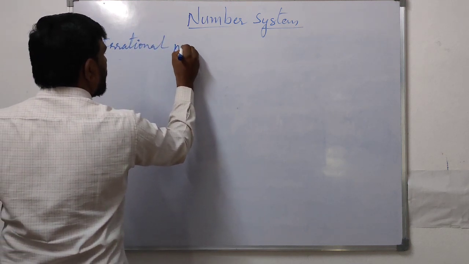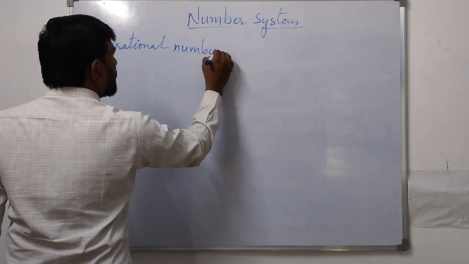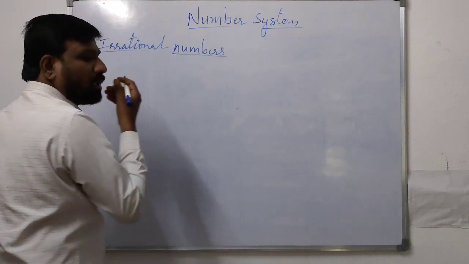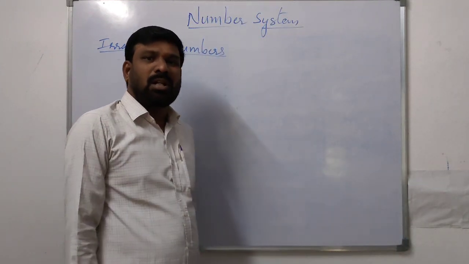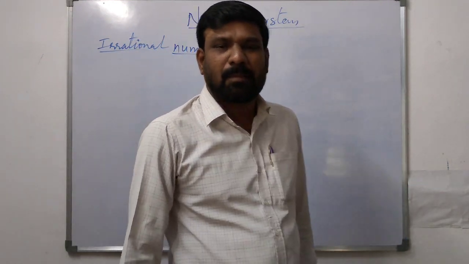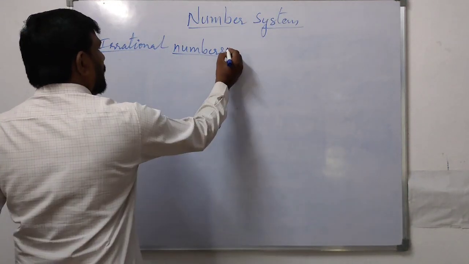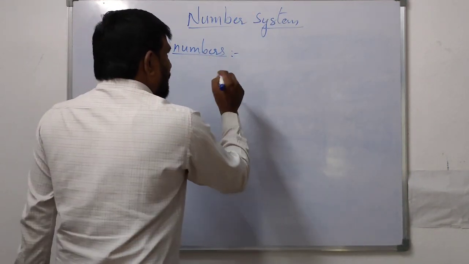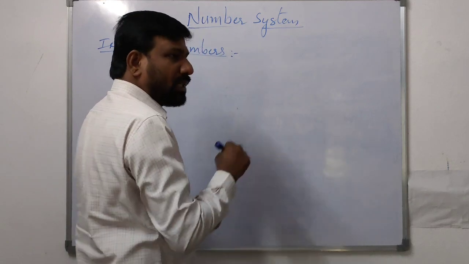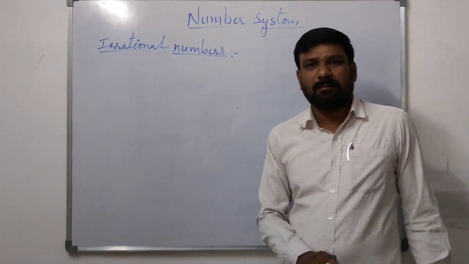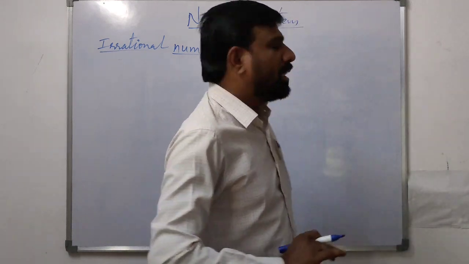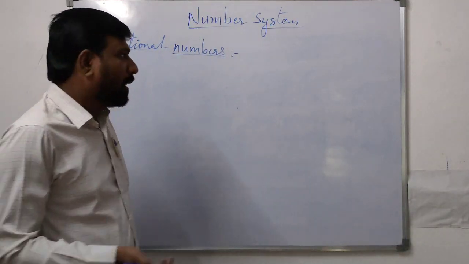Irrational numbers are simply, as we have already seen with respect to non-terminating repeating decimals, right? Now, irrational numbers are defined in this way. Simply we can say that the numbers which are not rational are irrational, but that is not the correct way of expressing the definition. Let us see here.